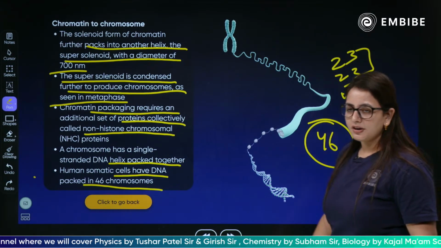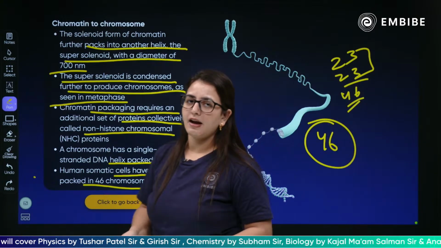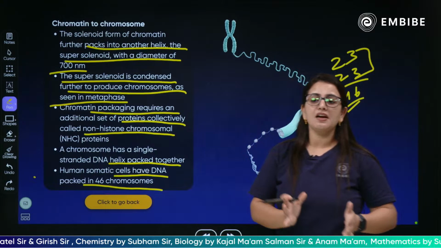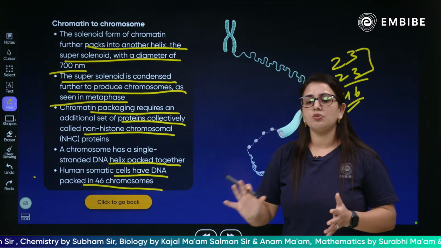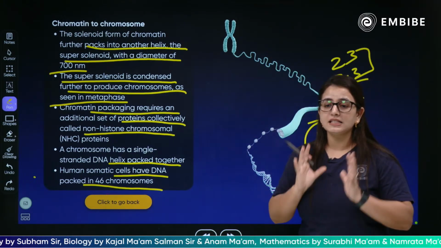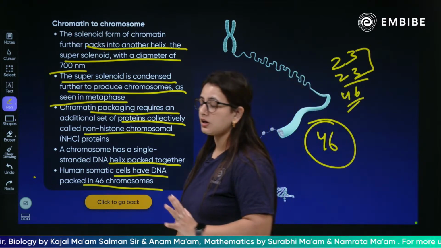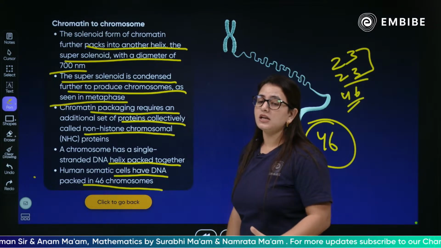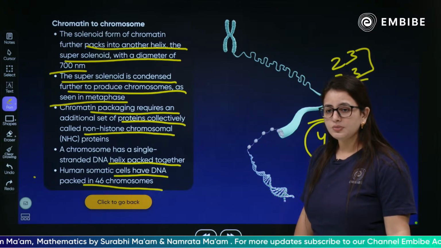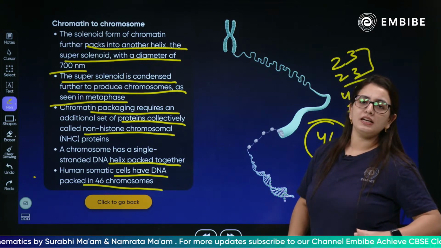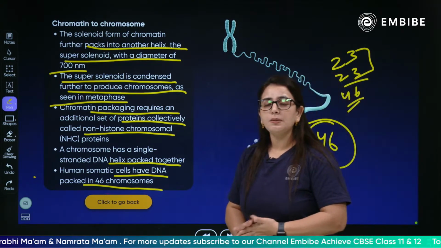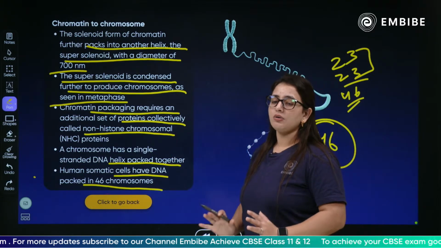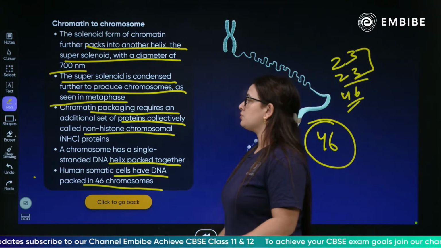So, children, everything we have studied about the packaging, the solenoid, the chromatin fibers, is packed around the 46 chromosomes. The body is constructed of 46 chromosomes, and all the genetic information, all the DNA, non-histone protein, solenoid, and chromatin fiber is packed around these 46 chromosomes.